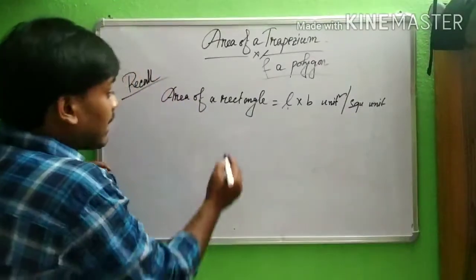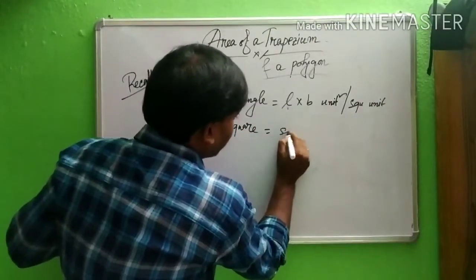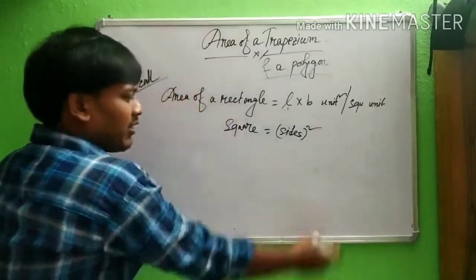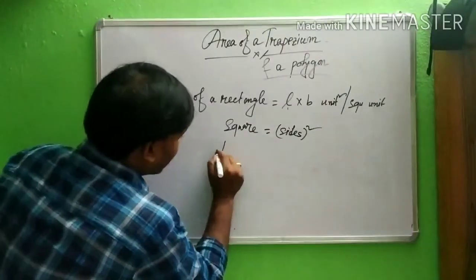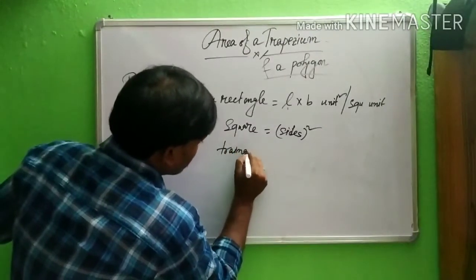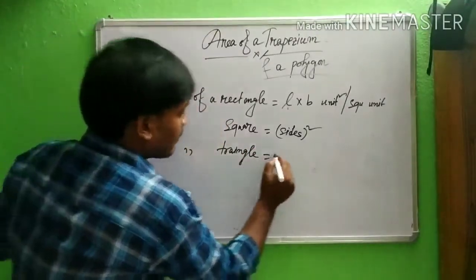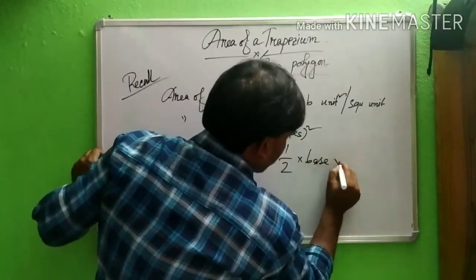Area of a square, side square, unit square or square unit. Area of a triangle, half into base into height.